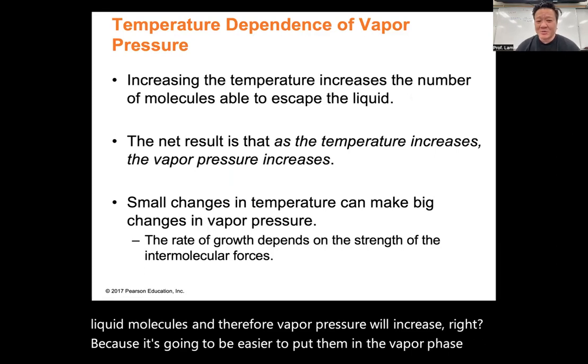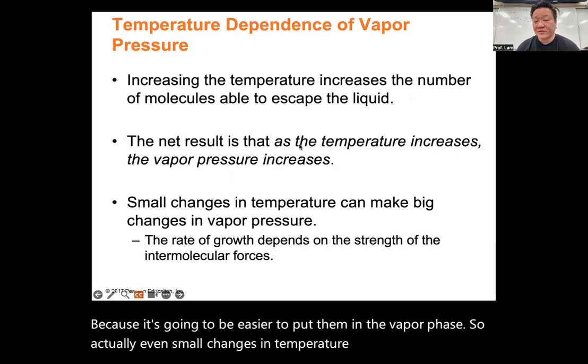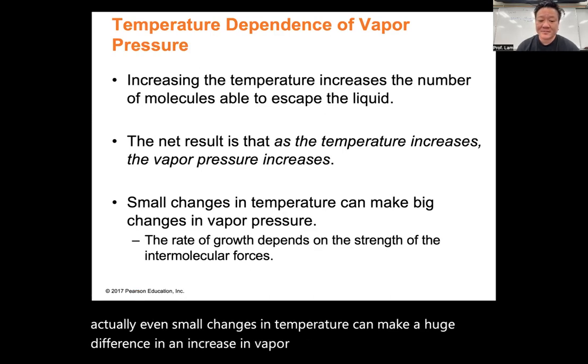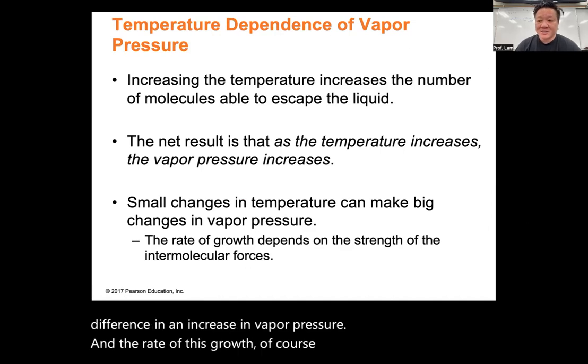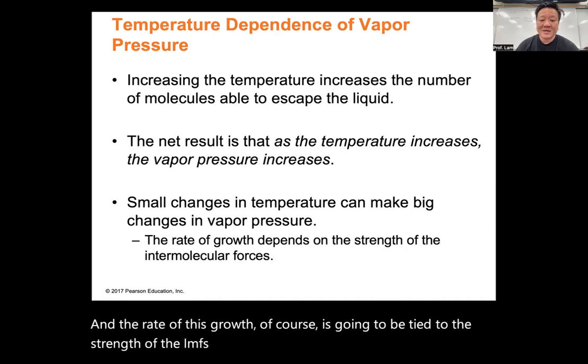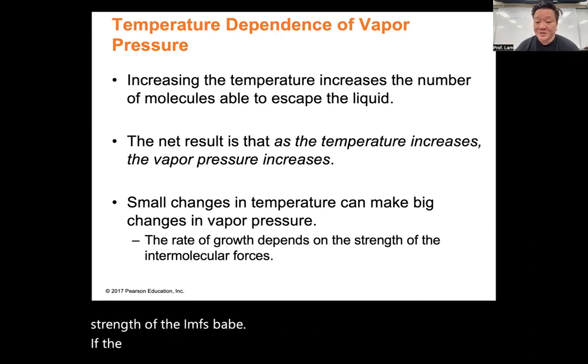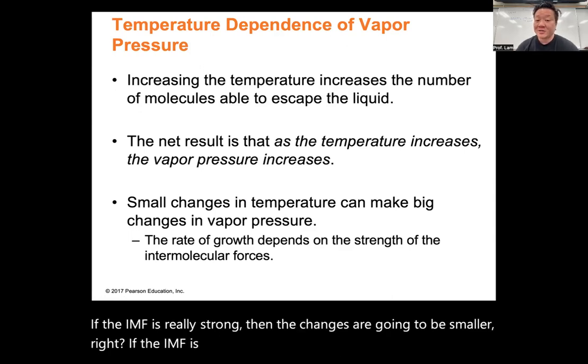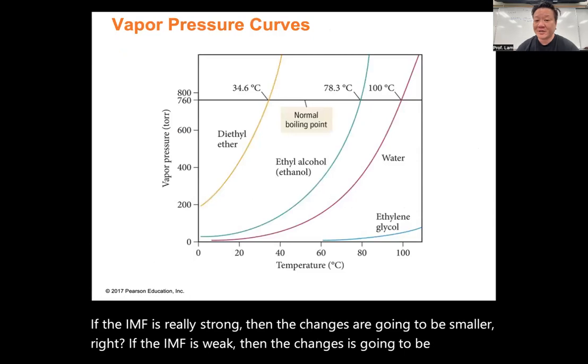So even small changes in temperature can make a huge difference in the increase in vapor pressure. And the rate of this growth, of course, is going to be tied to the strength of the IMFs, right? If the IMF is really strong, then the changes are going to be smaller. If the IMF is weak, then the changes are going to be bigger.